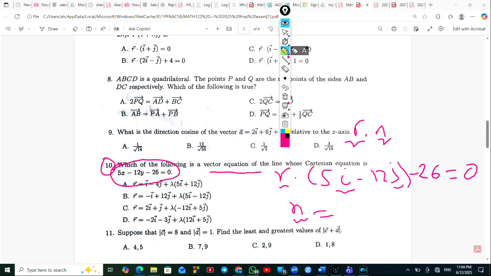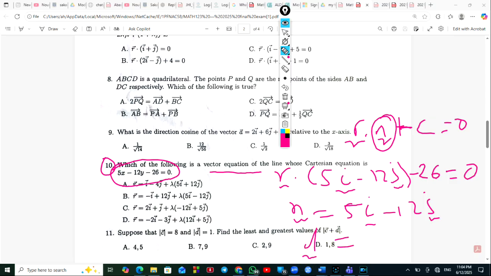So here our n is 5i minus 12j, and we know that the direction vector of this line is perpendicular to this n, so it will be 12i, and instead of minus, we now have the negative of the minus, which is plus 5j. So this is the direction vector.